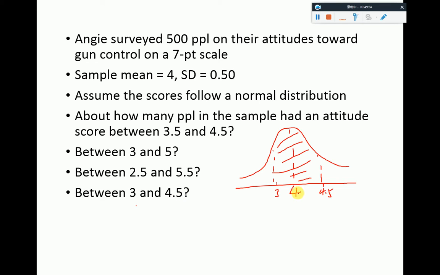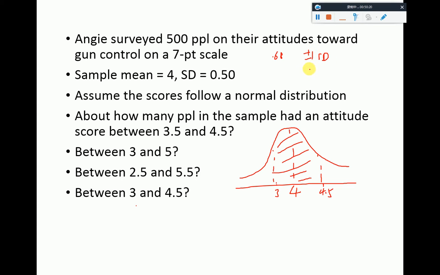Okay? But now, in order to apply the empirical rule, we need to know the exact difference between 3 and 4, and the exact difference between 4.5 and 4 in terms of standard deviations, because the empirical rule says it's all about 0.68 within one standard deviation around the mean, right?